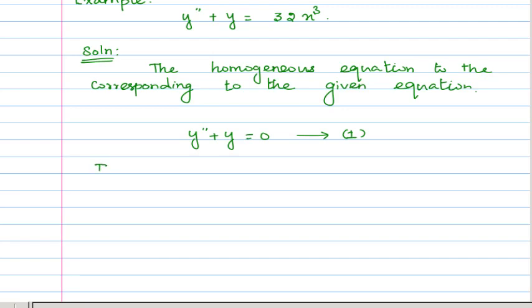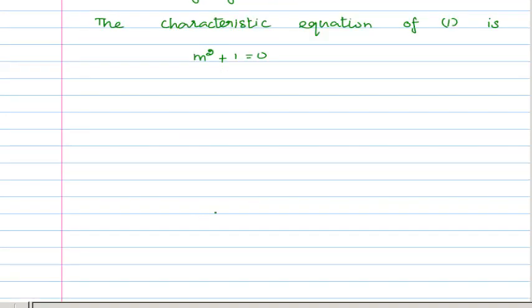Then the characteristic equation of 1 is m square plus 1 equal to 0. This implies m equal to plus or minus i.